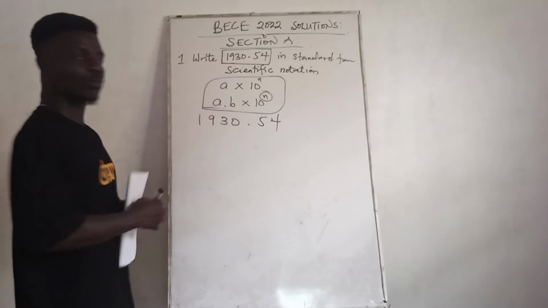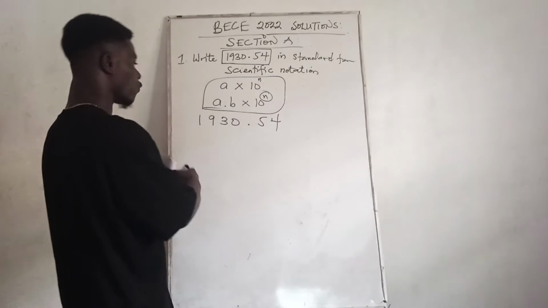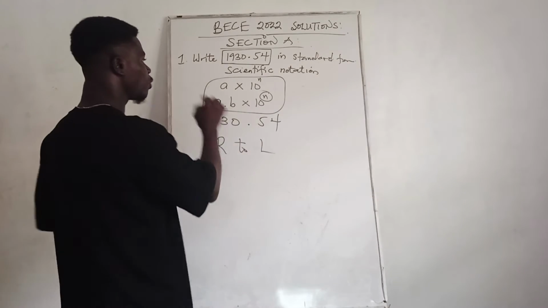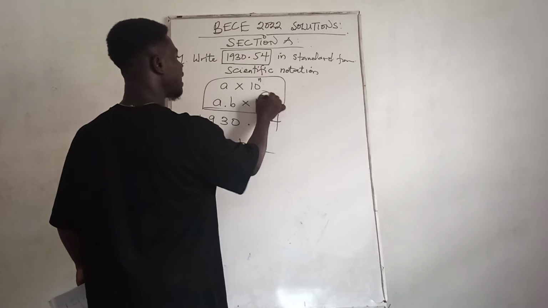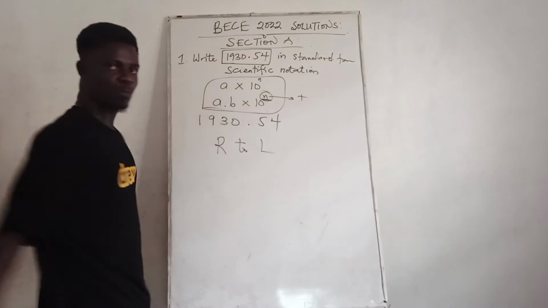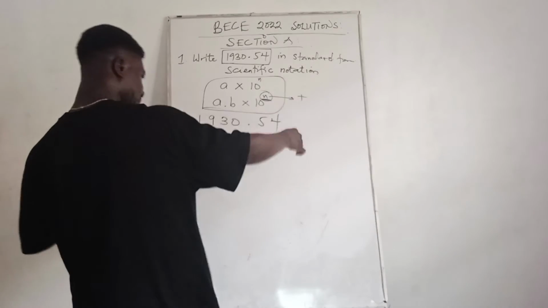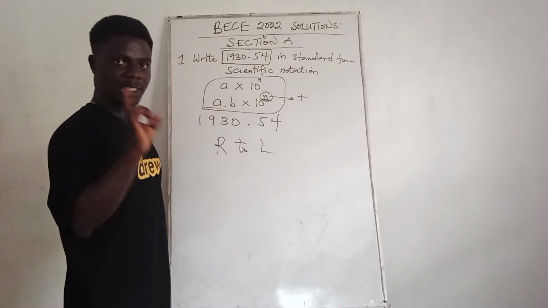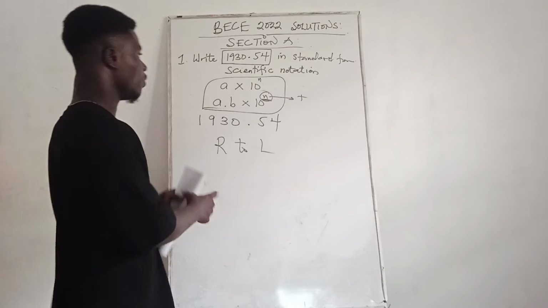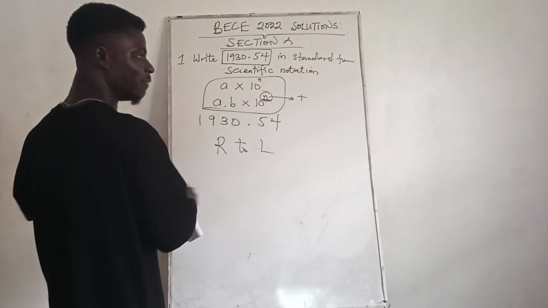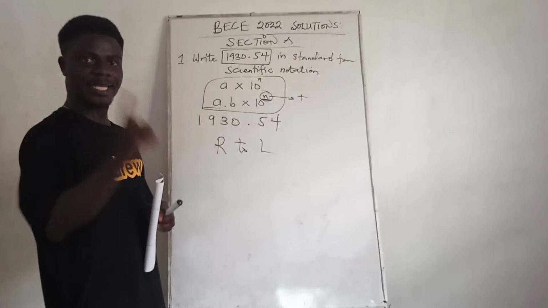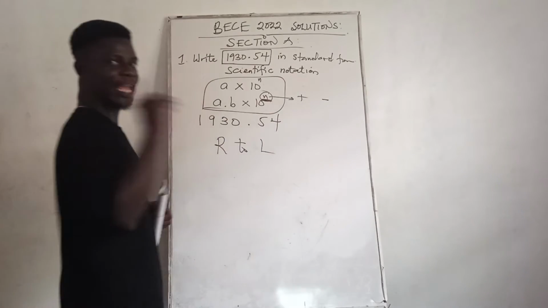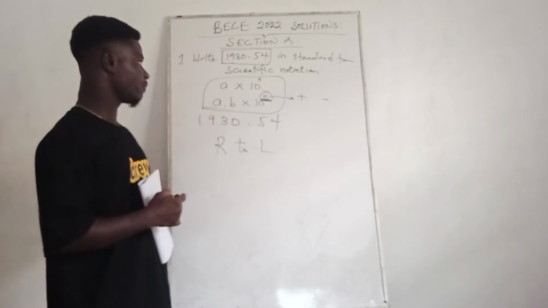Now, when you are moving the point from right to left, the power of 10 must be positive. And when you are moving the point from left to right, the power of 10 must be negative.